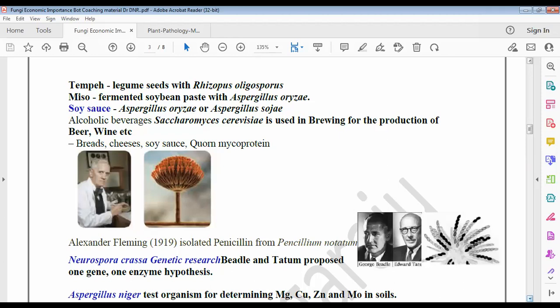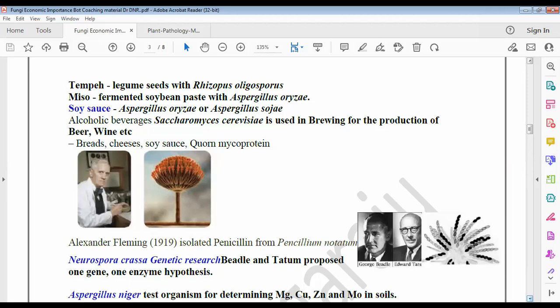In France, where we have grapes, what is the grape disease that caused the famine? Downy mildew of grapes. Don't you know? Downy mildew means on the lower surface of the leaf, white patches.